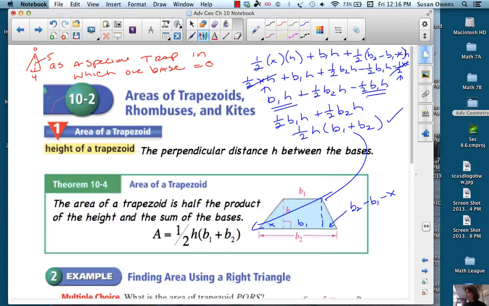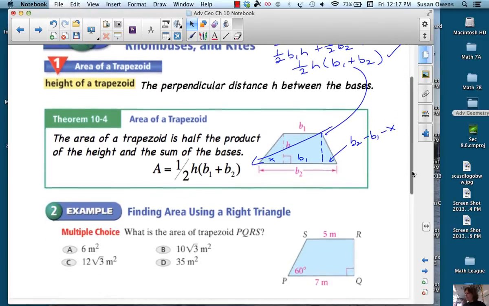And if you use that formula, you get 1/2 the height, and b1 plus b2 is just the one base, so you get 1/2 base times height. A lot of times it helps me to think of the triangle formula as just a variation of the trapezoid formula in which one of the bases is 0.